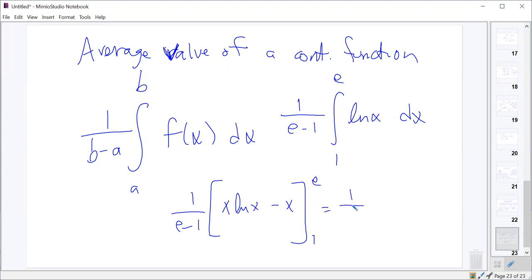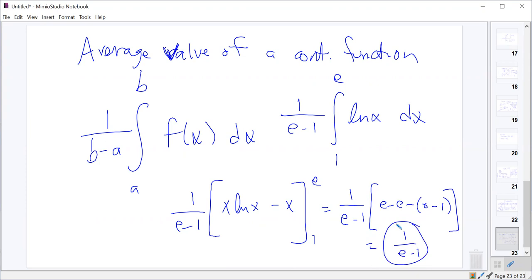It gives us 1 over e minus 1, and then it gives us e times the natural log of e, which is 1. So e times 1 is e minus 0 minus 1, and we end up with 1 over e minus 1 is the average value of ln x on the interval from 1 to e.